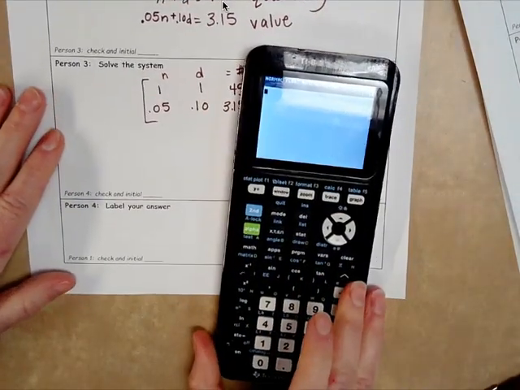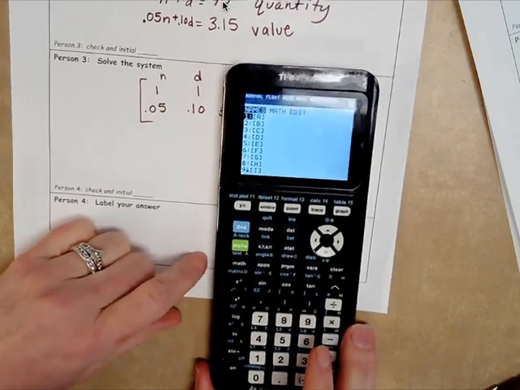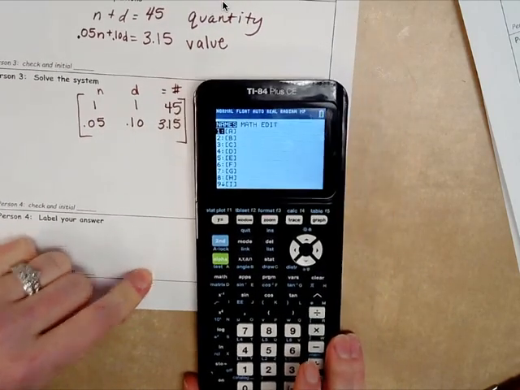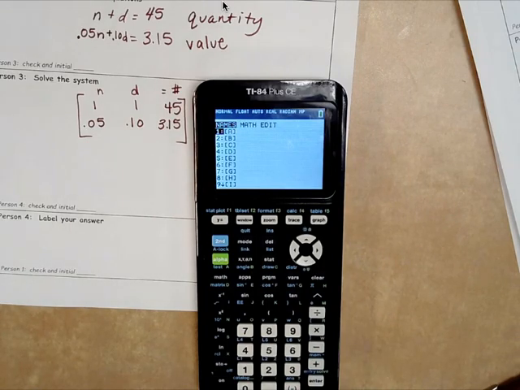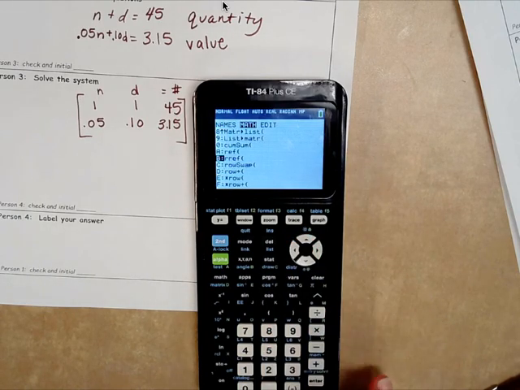So start with second matrix. And it gives us options. So we need to go over to math. And then go to the RREF. Not just REF, RREF. You should be doing this in a calculator, not just sitting there looking.